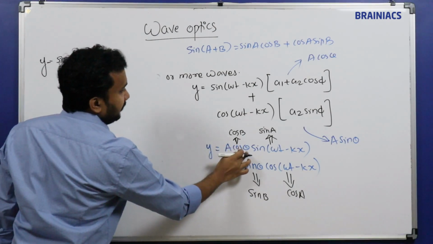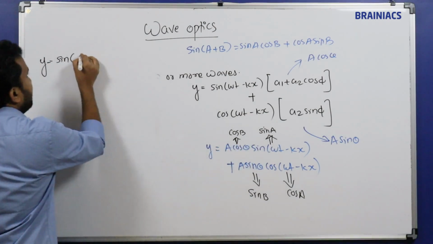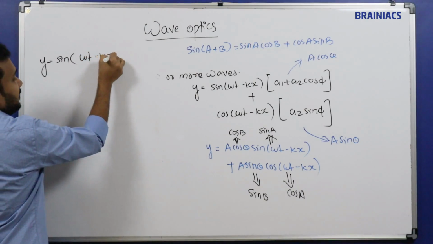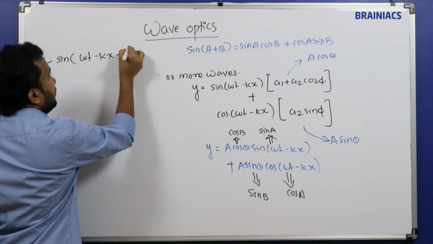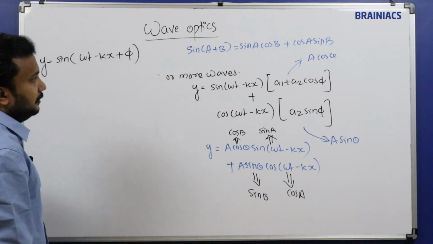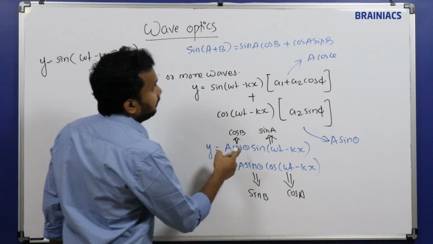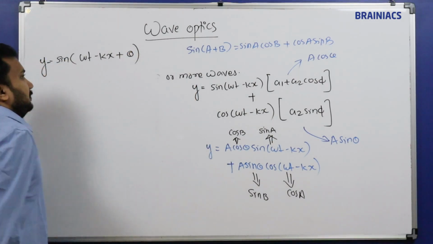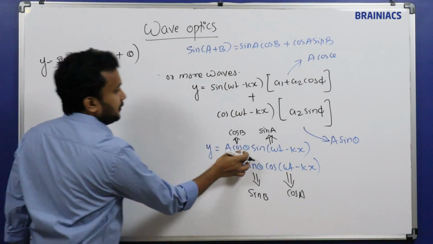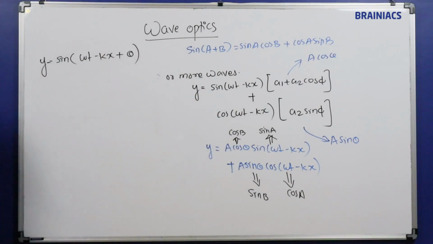What is A? A means this term, omega t minus kx, plus B. B means what here? Phi or theta. Okay, here A cos theta, B sin theta. This angle will become theta. We have replaced phi with theta, right? Here B is equal to theta.